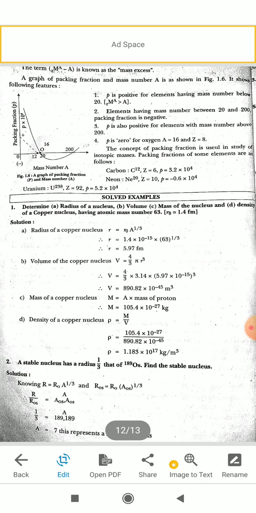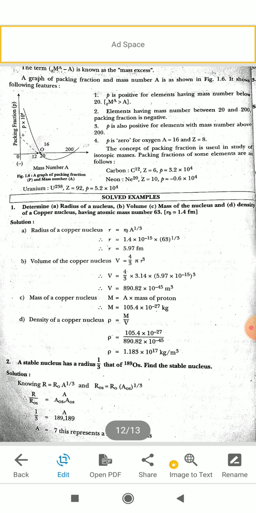The P is 0 for oxygen, which has mass number 16 and proton number 8. The concept of packing fraction is useful in the study of isotope mass, and the packing fractions of some elements are as follows.